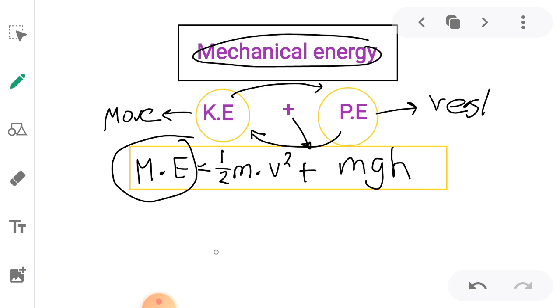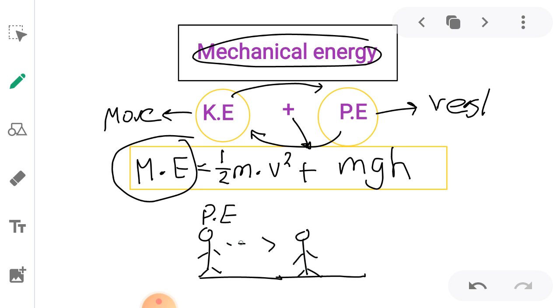if the boy is just standing, he doesn't do any kind of motion. So he's at rest. So he has what? Potential energy. If he's going to move, while he's moving and keeps moving, that potential energy is going to convert into kinetic energy.